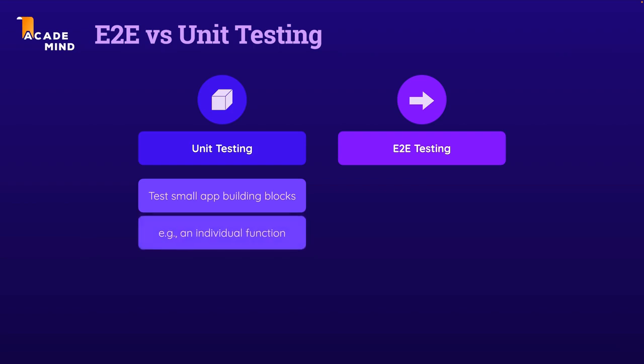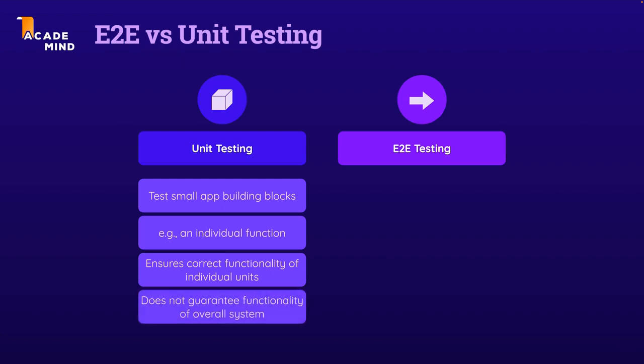The idea, however, is that you don't test the combination of components or functions so that you don't test entire flows, but that you test the individual building blocks instead, and you therefore can ensure the correct functionality of those individual units. However, of course, with unit tests alone, you can't ensure that those units work correctly once they're being combined. So unit tests don't guarantee the functionality of the overall system.